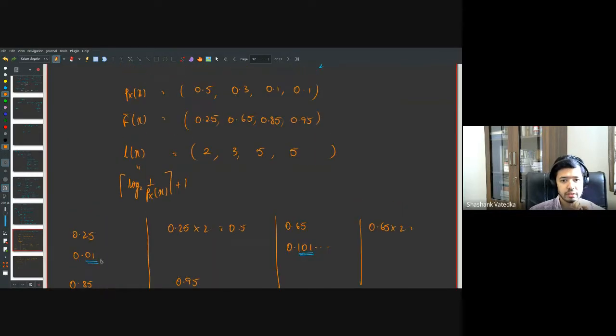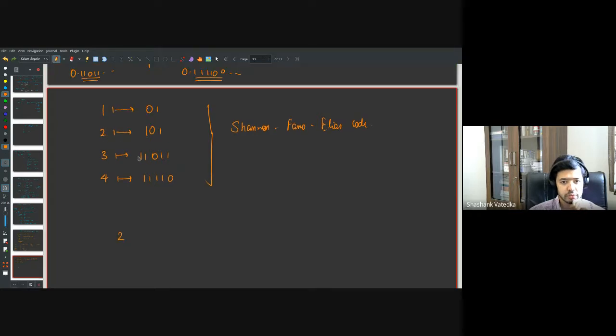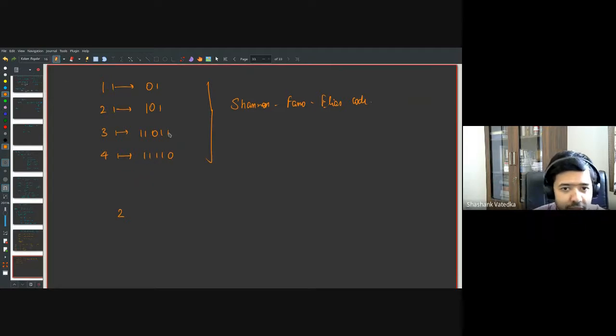Then I just need to compute f bar of 2, compute L of 2, and then just write it in the binary representation. So even without computing the other code words, I can compute the code word for this particular symbol, right? And that is the key advantage of the Shannon-Fano-Elias code.